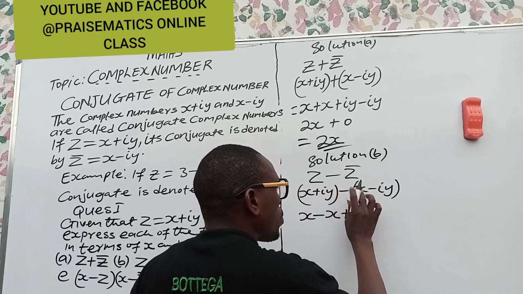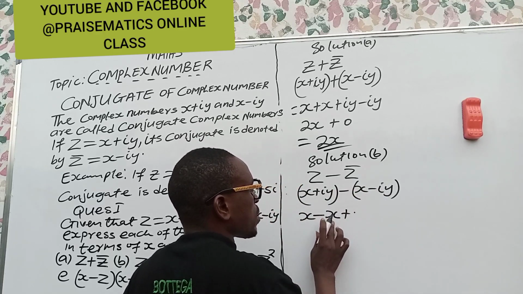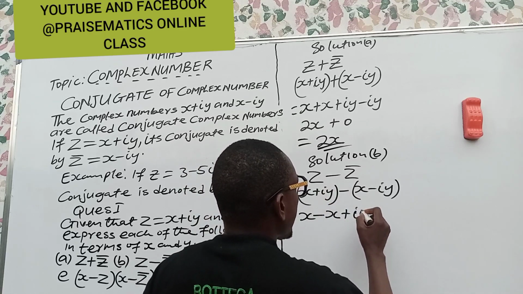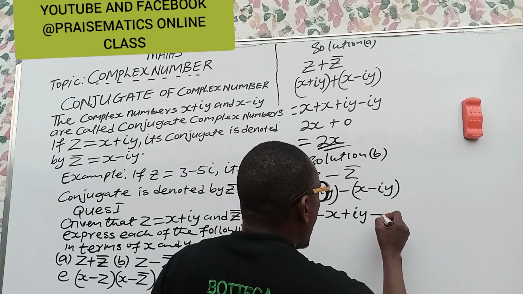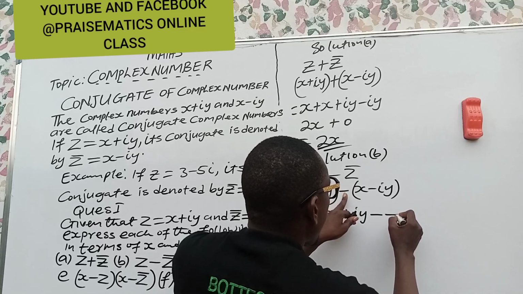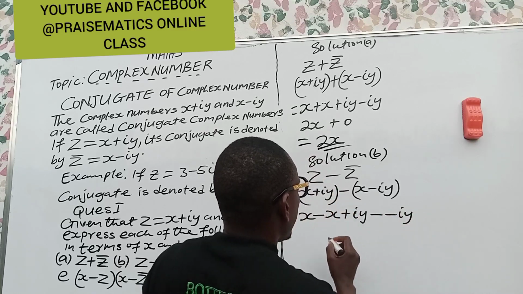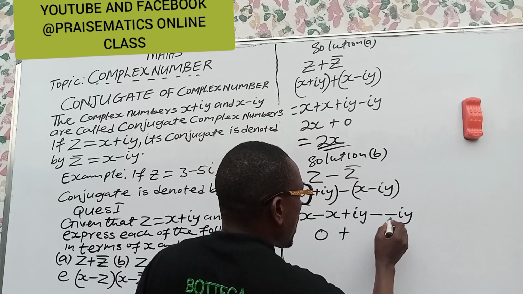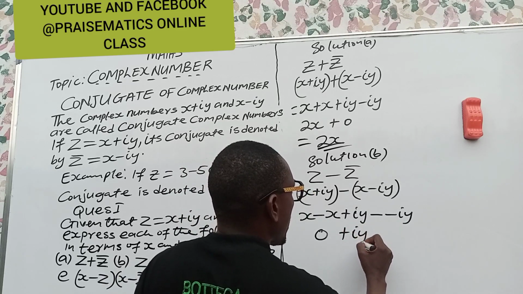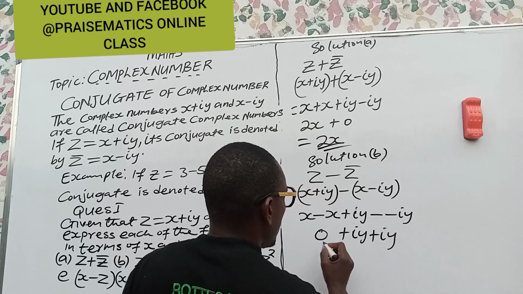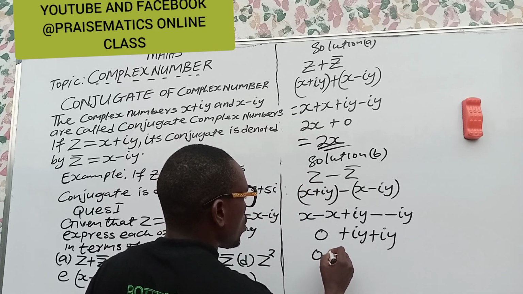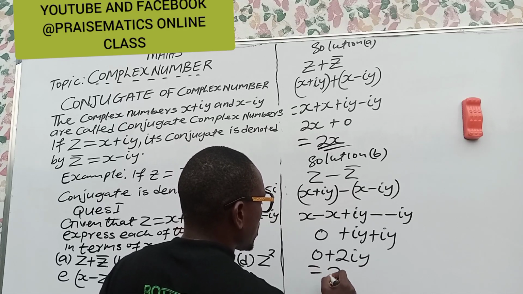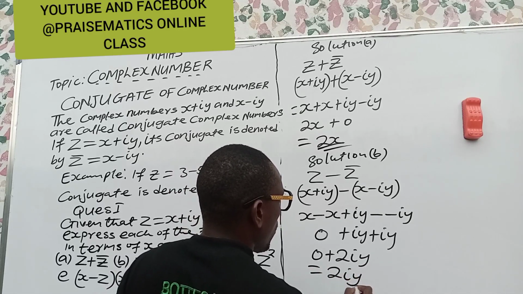You remember that the minus will multiply this. That is the reason why we say x minus x. So this one now, iy minus, minus iy. So we are going to have here 0 plus, minus minus turns to plus. We have iy plus iy, which will give us 0 plus 2iy. Finally, we have it as 0 plus 2iy.